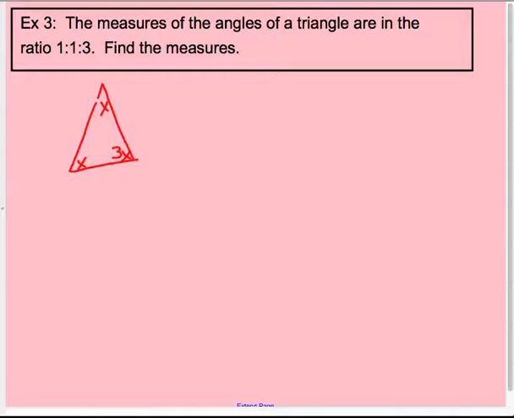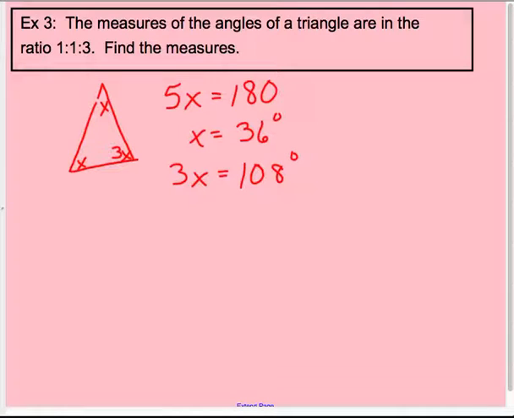So inside our triangle, we have a total of 5 x's equaling 180 degrees. So solving for x, we got 36 degrees, so that's the measure of the first two angles. 3x is 108 degrees. So the two equal angles are 36 degrees, and the third angle is 108.